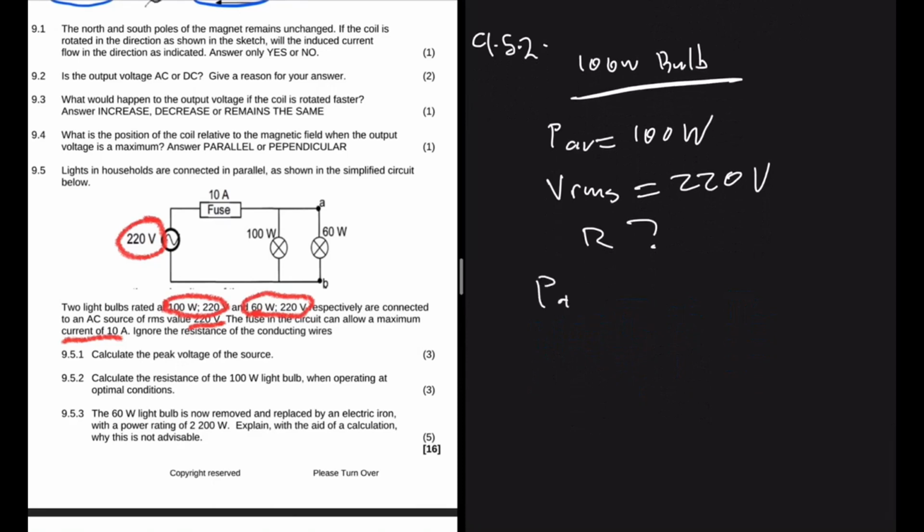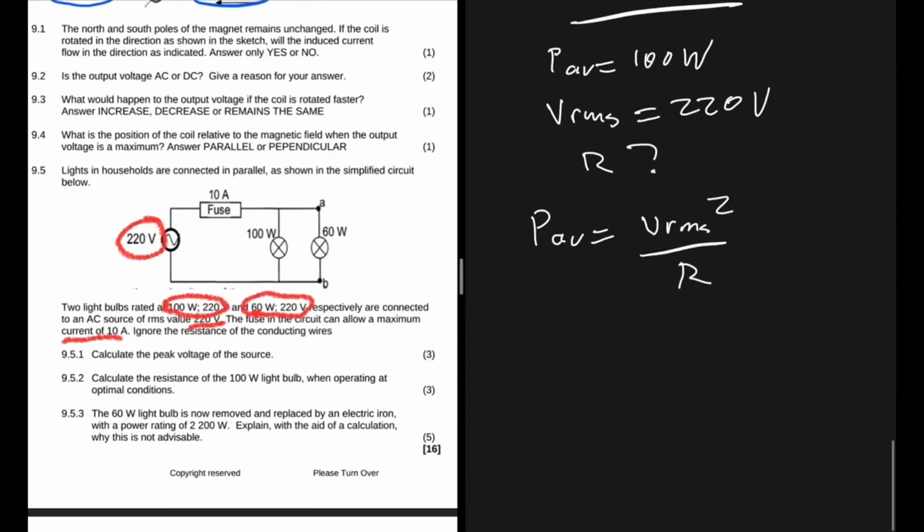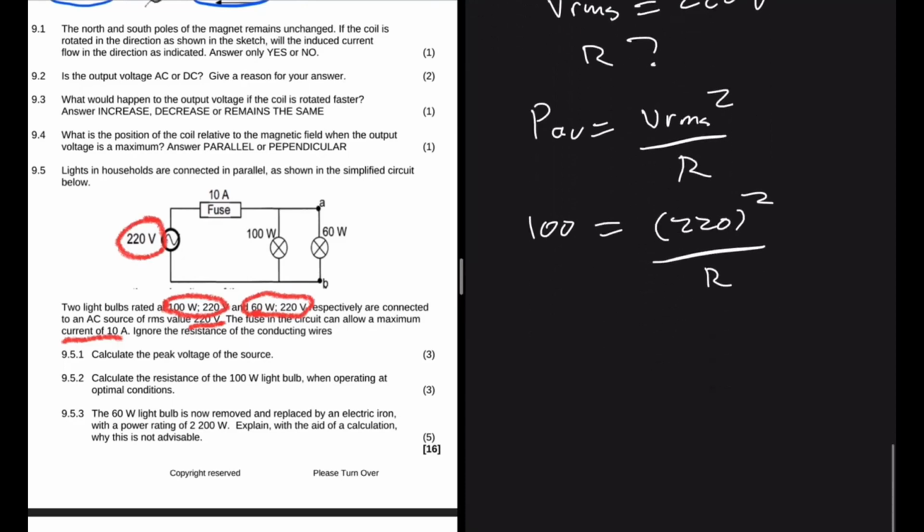So now the average power equals VRMS squared divided by R, which we're already using in electric circuits, but then instead of VRMS we just had V. The average power is 100, and the VRMS is 220, and then we square it and divide by the resistance.